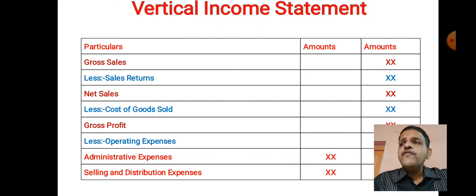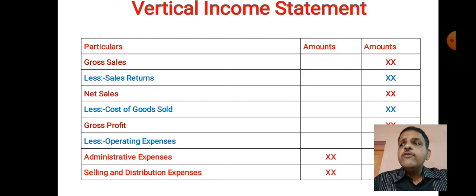Cost of goods sold first includes cost of material consumed. How is it calculated? We take opening stock of raw material, add purchase of raw material, add carriage, freight, octroi, import duty paid, and deduct closing stock of raw material. What we get is cost of material consumed.